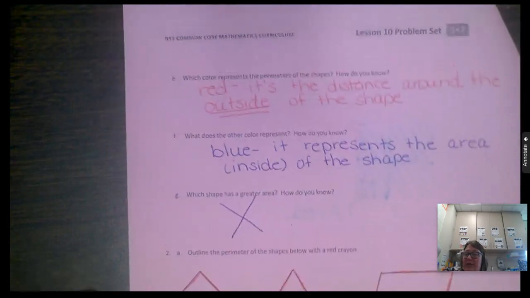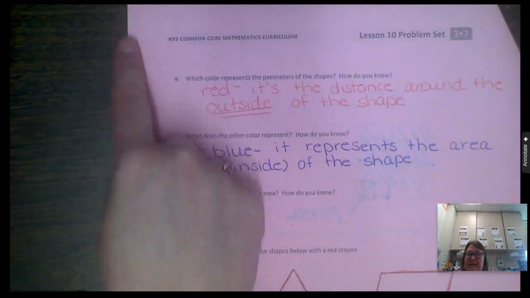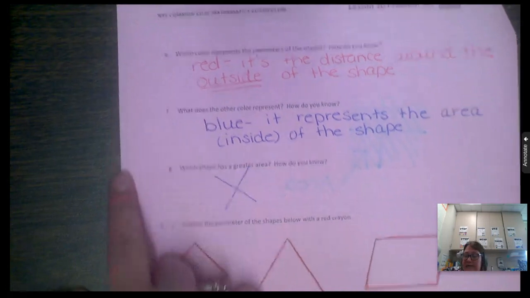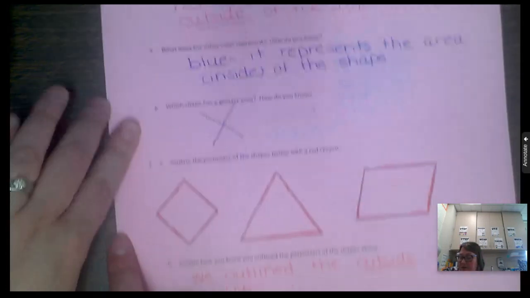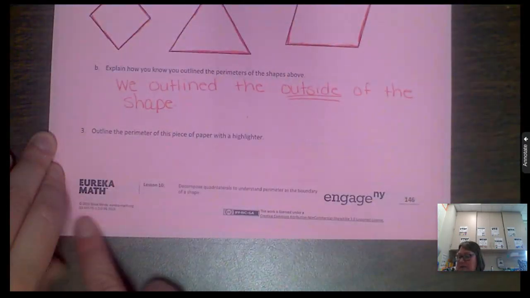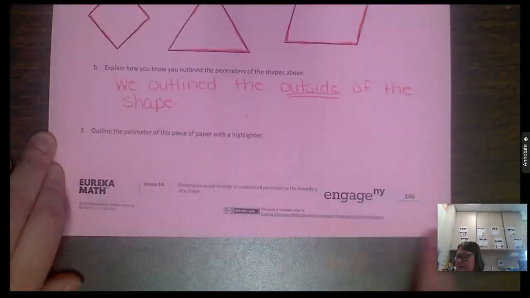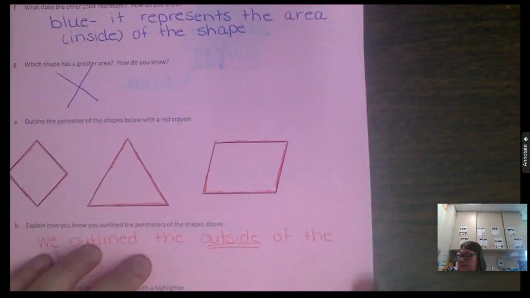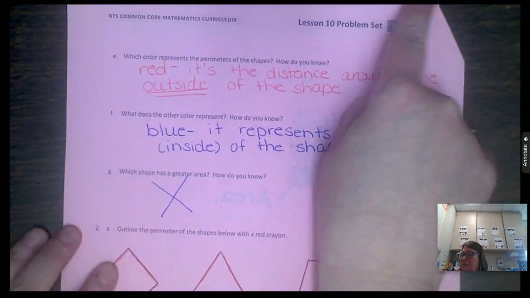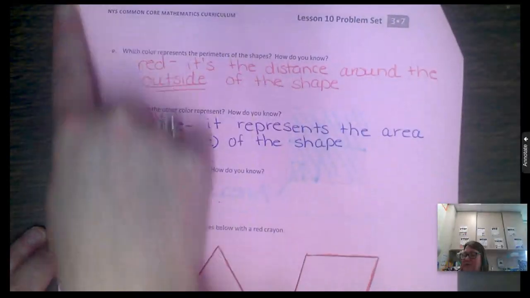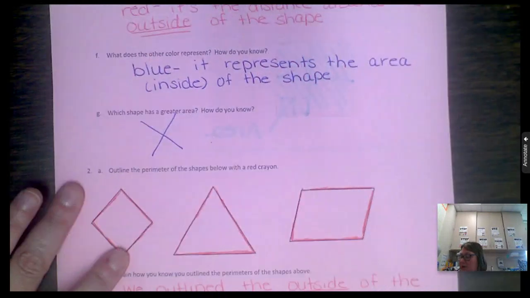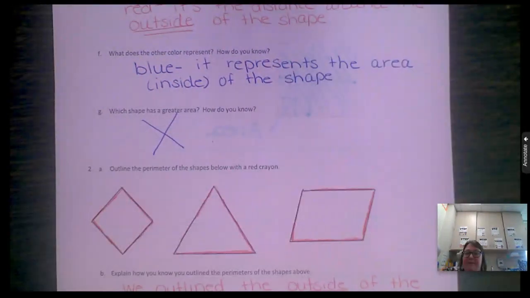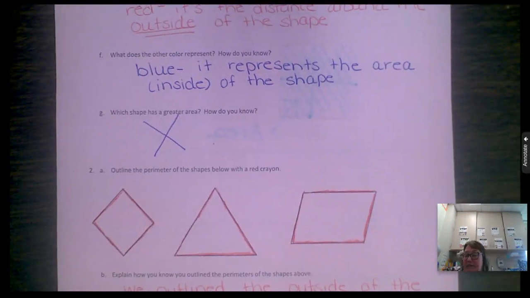So if we take our finger, we can drag it down the outside of this side all the way down, and then it would go across the bottom all the way, and then across this side all the way up to the top, and then across the top. So we would trace with our finger the 4 sides of this paper on the outside. Okay, so that's perimeter on the outside of the paper.